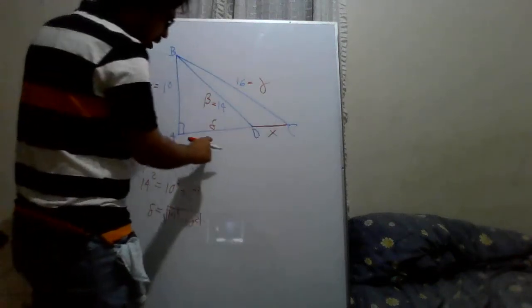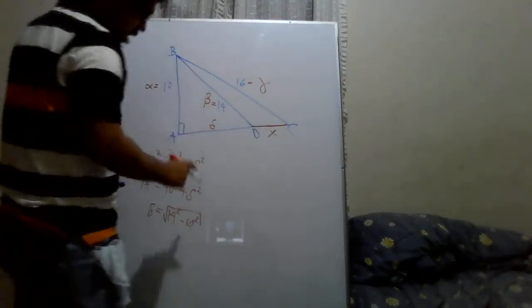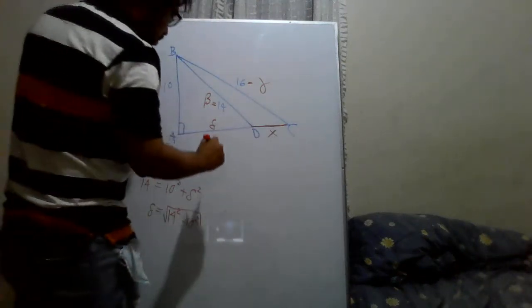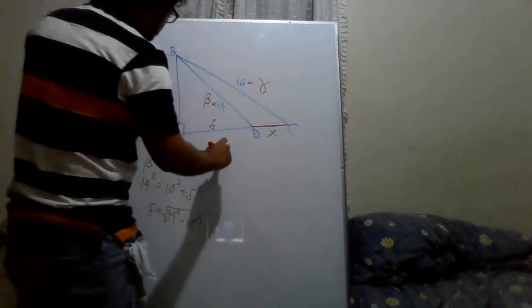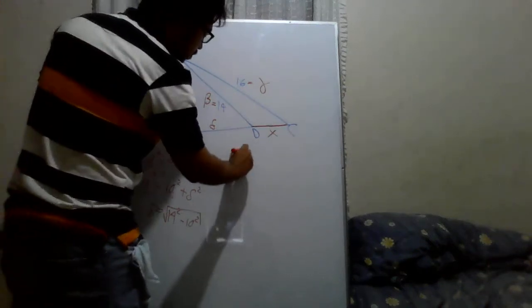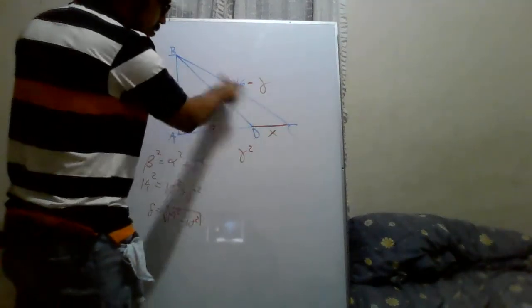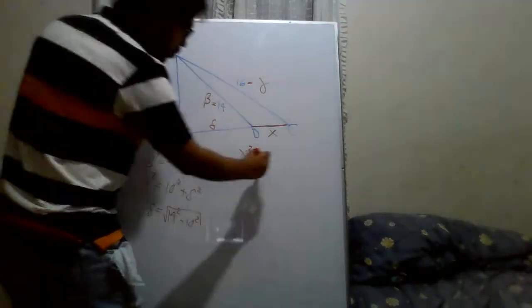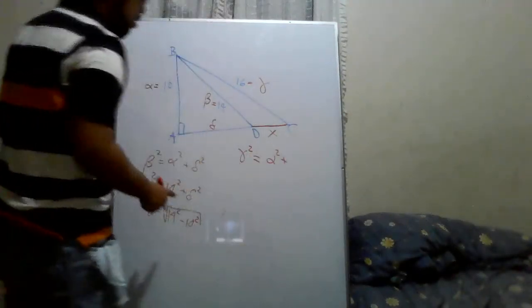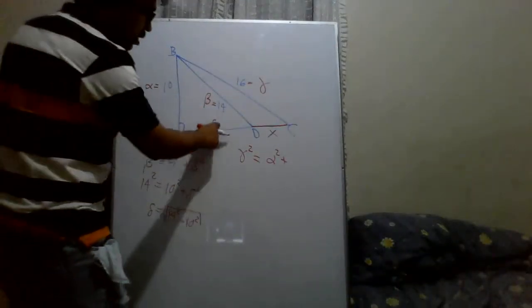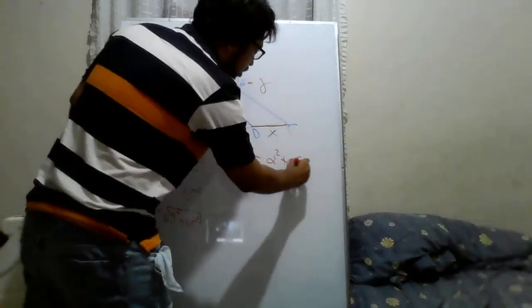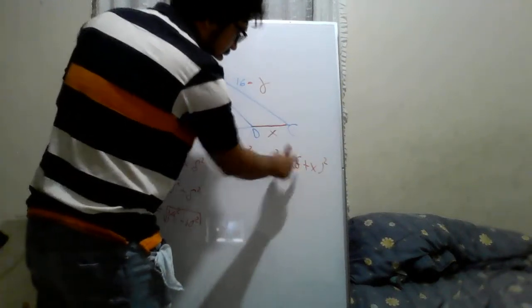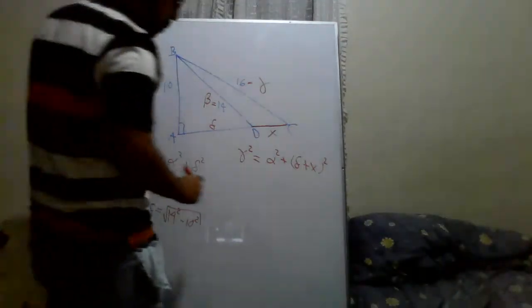So this leg is actually delta plus x, and we know delta, so the only missing part is x. From the Pythagorean theorem, gamma squared, which is the hypotenuse, is equal to alpha squared, one of the legs squared, plus the other squared, which is delta plus x, all squared. This is a number.